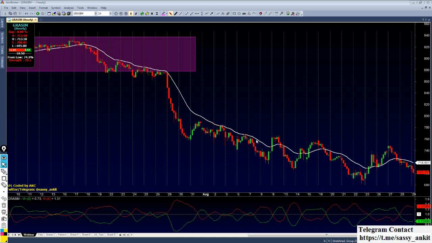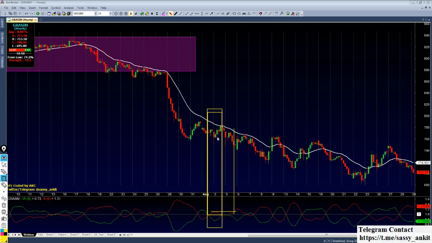So let's see how things work out here. We are looking for this high to break. This broke here, this high broke here, but if we see clearly in this particular area, we are watching the weakness in sellers, weakness in buyers, like this.